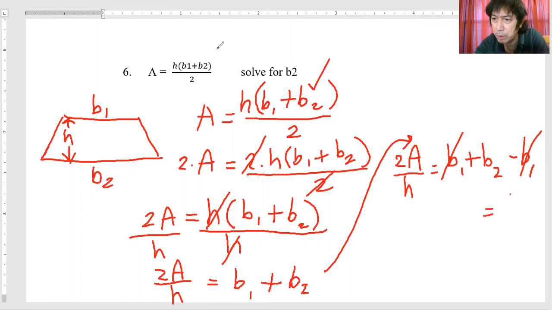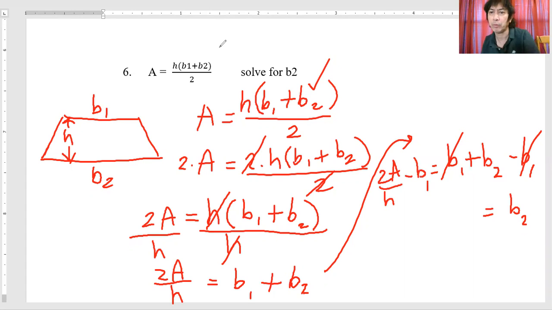So the right side is b2, the left side is something with b1. You still have minus b1 here. Let me add the minus b1 there. Let me do the erasure. All right, this is twice area over height minus b1. b1 is supposed to be subtracted from both sides.